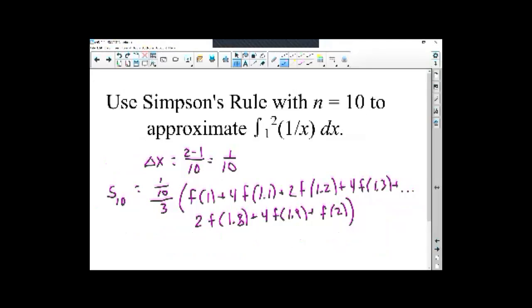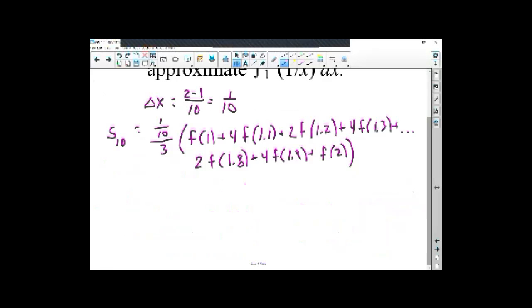And I'm going to show you a little trick that you can use when you're doing both Simpson's and the trapezoidal rule, because both of them will use one more calculation than the midpoint rule will.